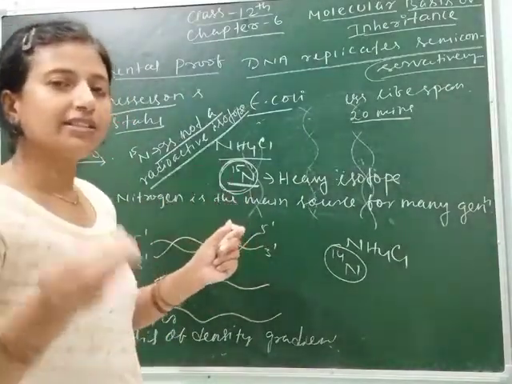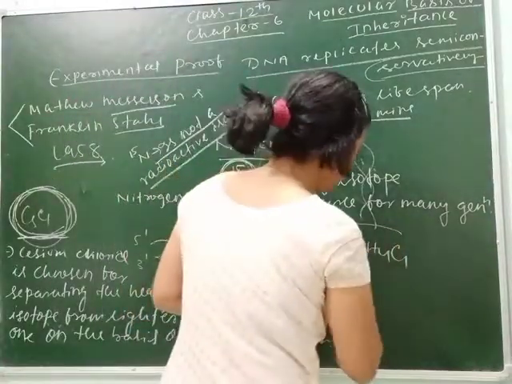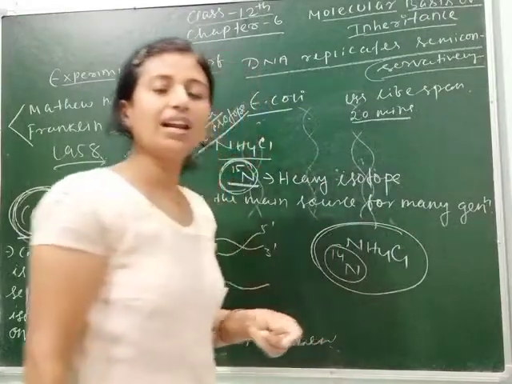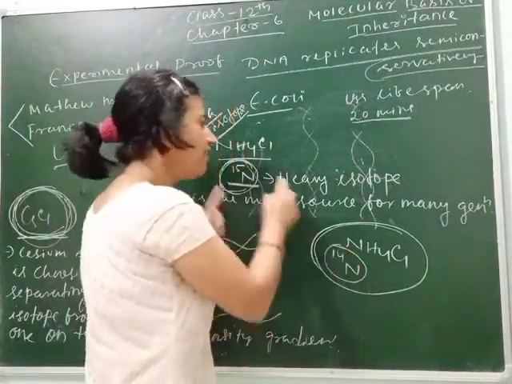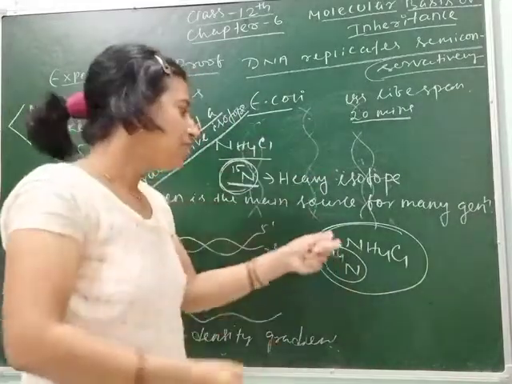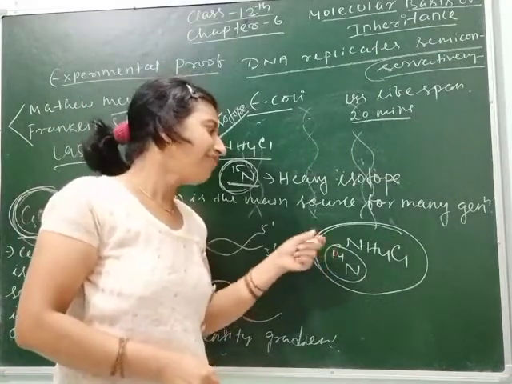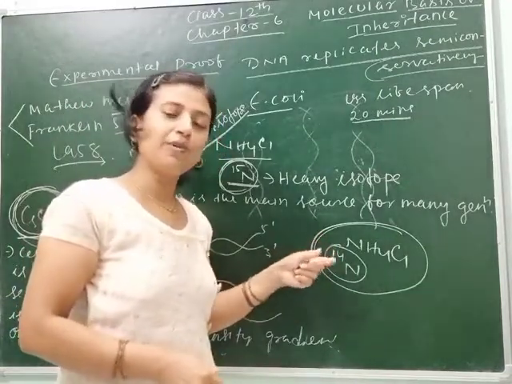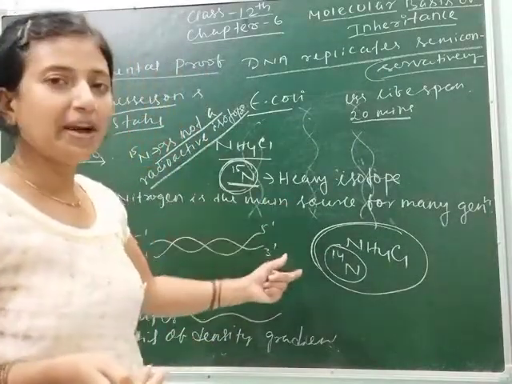Then they put that solution into normal ammonium chloride, in which nitrogen has the isotope 14. First in 15, then that solution is again put into nitrogen 14. Clear? And when it is put into nitrogen 14, the same procedure will be followed, meaning they get separated.